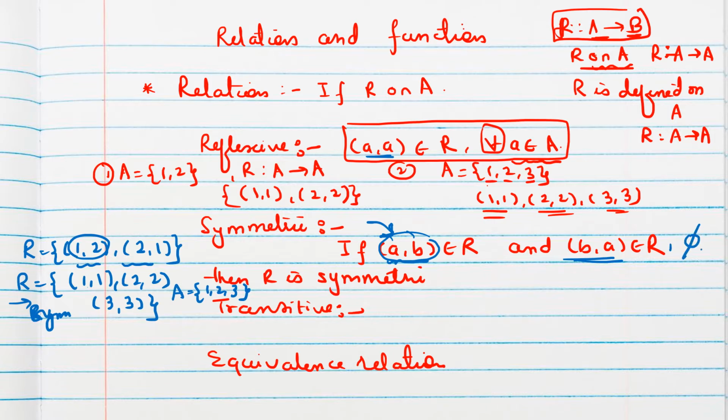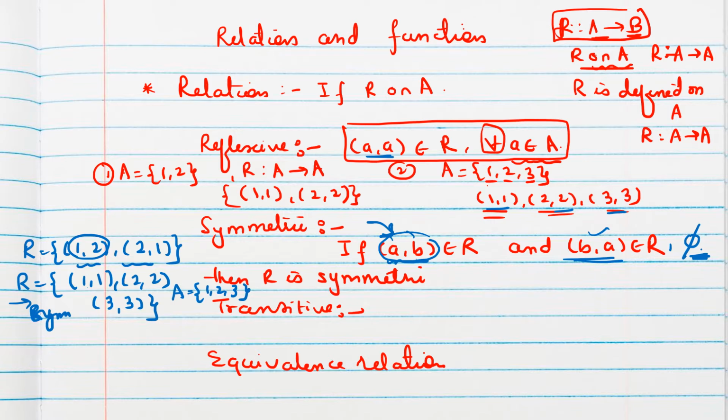Why? Because there is no element of type (a, b), so there is no question of checking for (b, a). So by default the empty relation is symmetric. But an empty relation is not reflexive, because for reflexive, (a, a) type elements must be there.